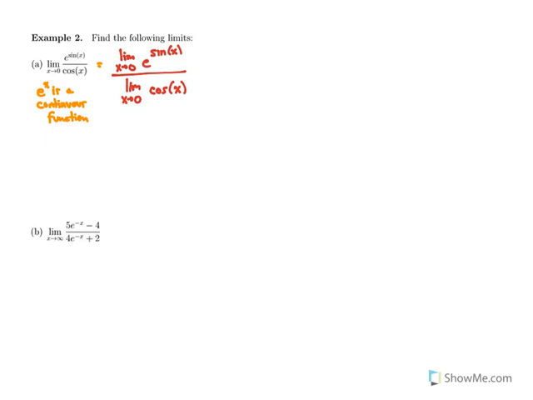Then, using the fact that e to the x is a continuous function, we can write this as e to the limit as x approaches 0 of sine of x, over the limit as x approaches 0 of cosine.